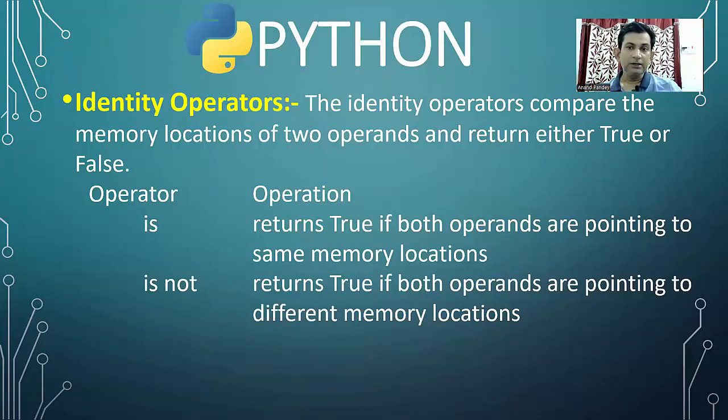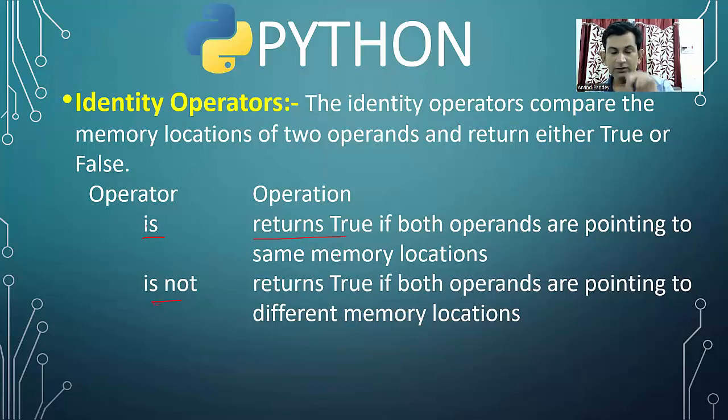Now look at the screen. The identity operator compares the memory locations of two operands and returns true or false. There are two identity operators, is and is not. The is operator returns true if both operands are pointing to the same memory location.